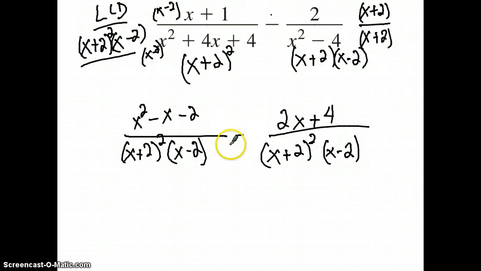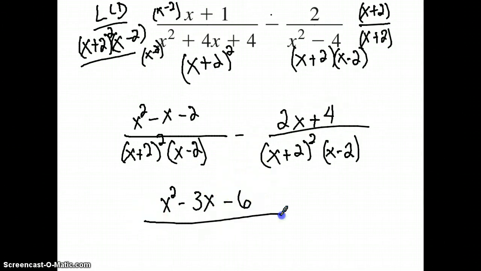We have a minus x and a minus 2x, so that gives us x squared minus 3x. And then we have a minus 2 minus a positive 4, so that's minus 6, all over x plus 2 quantity squared times x minus 2.